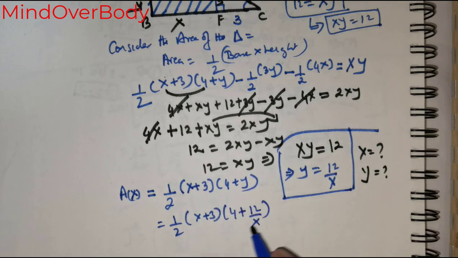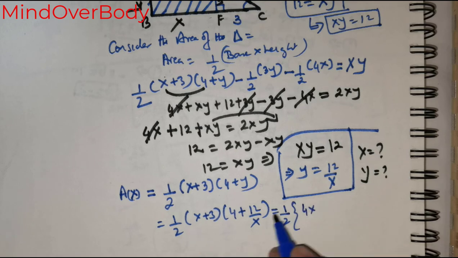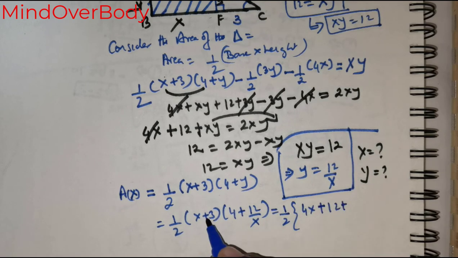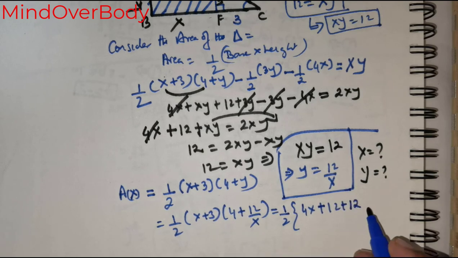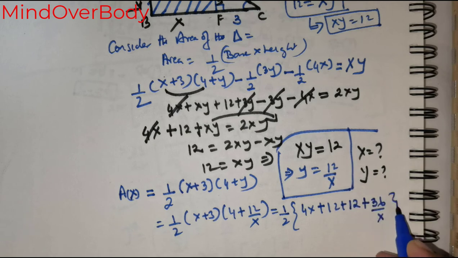So I would like to take the product: x into 4 gives 4x, x into 12 over x gives positive 12, 4 times 3 gives 12, and 3 times 12 gives 36 over x. So this is what I've got.